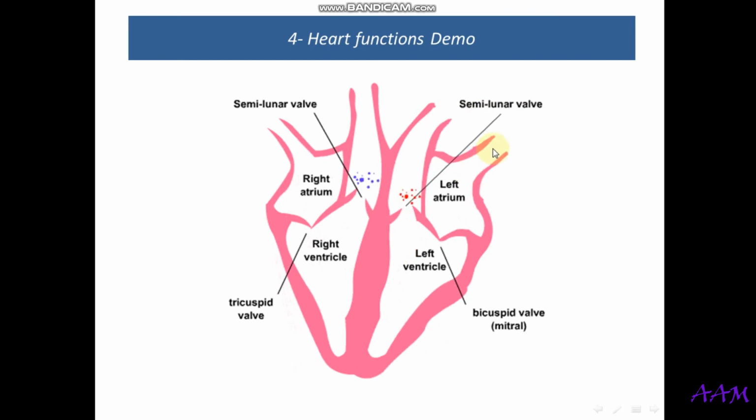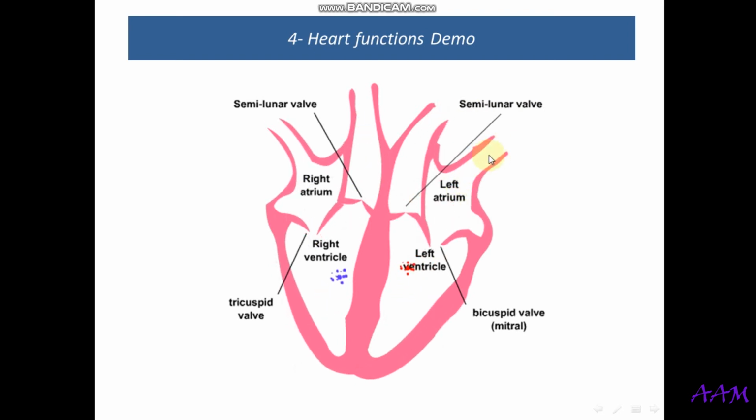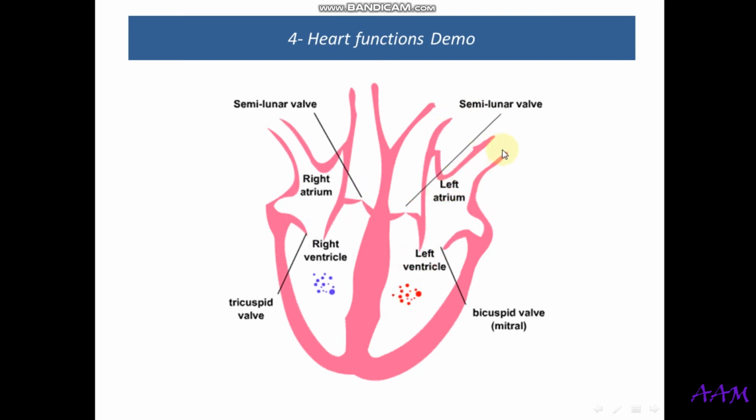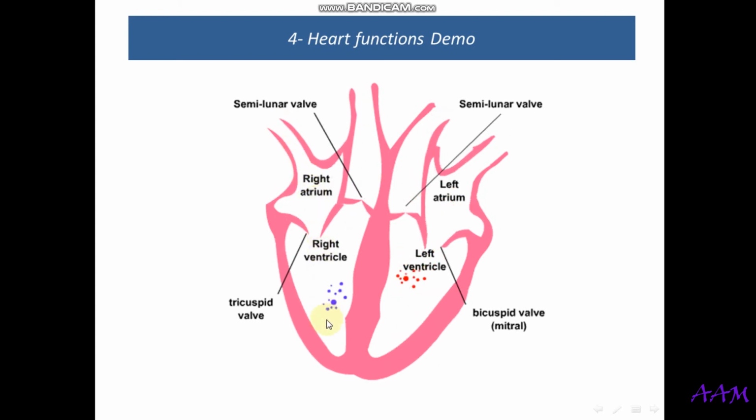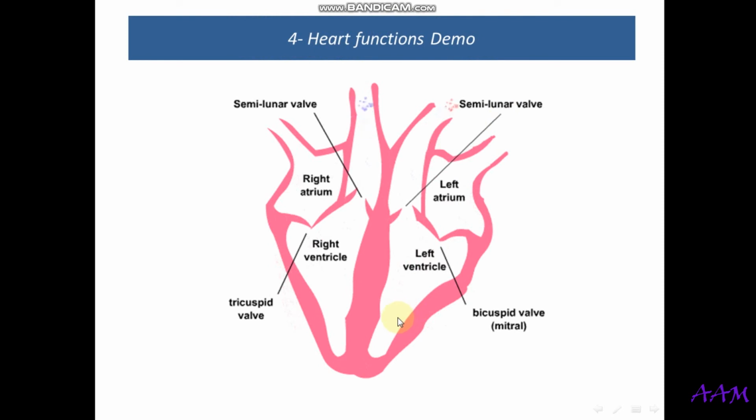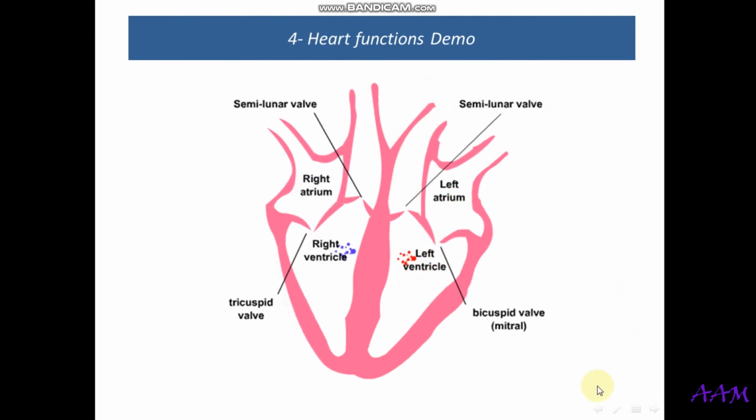And these are the veins which bring oxygenated blood from the lungs. And here is the main vein which brings deoxygenated blood from the rest of the body. It throws it here, and then with contraction pushes it to the lungs, gets oxygenated, comes back here by relaxing, and then with contraction goes to the other parts of the body. I hope you understand.